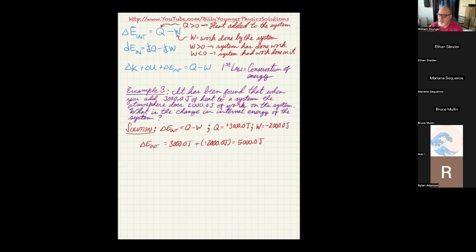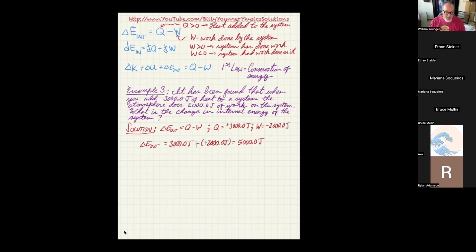That work actually went into the system. So it actually was work done on the actual gas inside the cylinder, if we're using that as our system. And you'd expect that too to actually increase the energy of the atoms or molecules in the system. So both of those should have made the net internal energy higher. And that's exactly what we got. We got that the net internal energy went up by 5,000. Does that make sense?